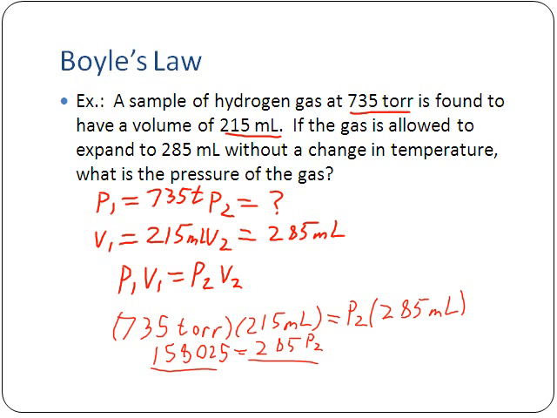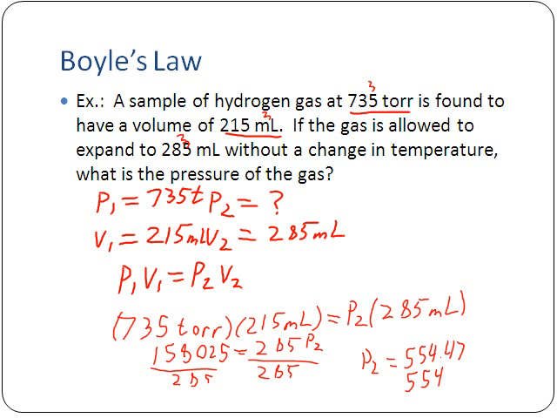Divide both sides by 285. And when you do that, we get a total of 554.47. Significant figure-wise, we have 3 significant figures here, 3 here, 3 here, and so as a result, our final answer will have 3. And so our answer here would be 554.